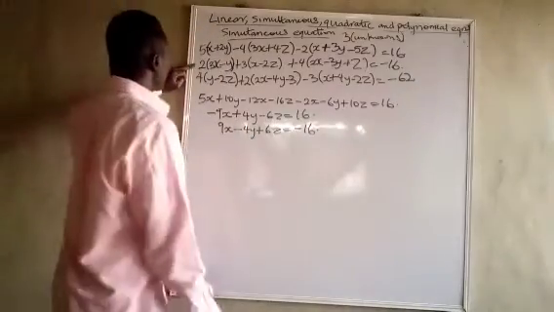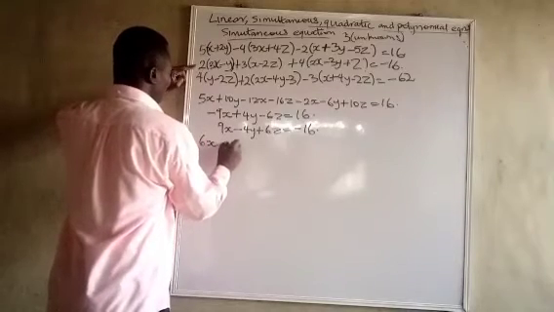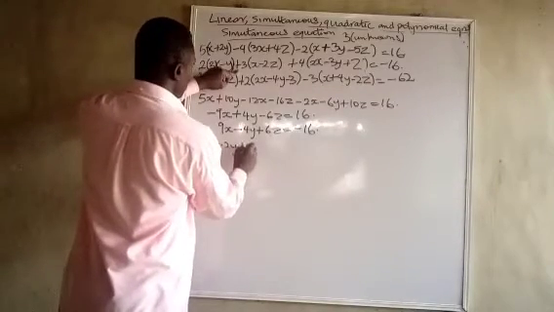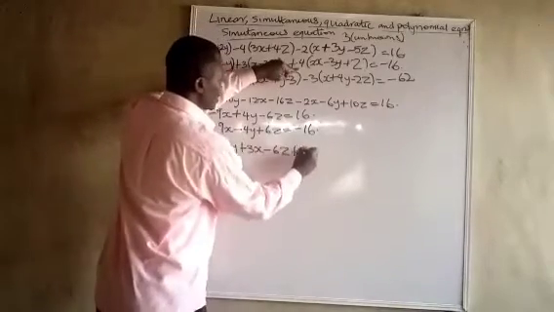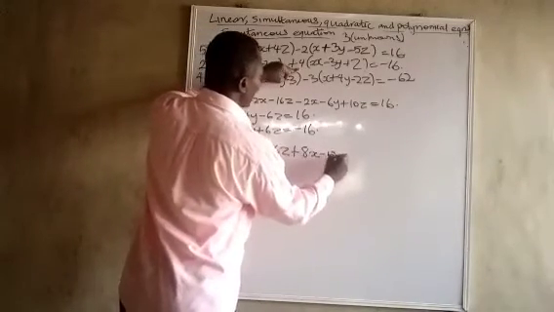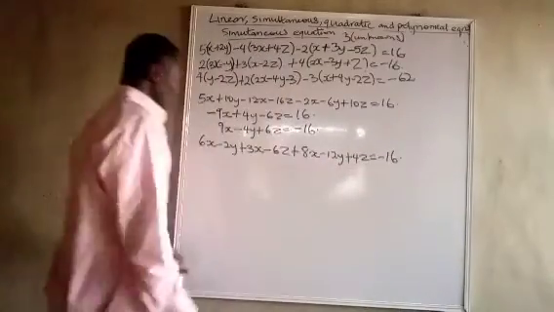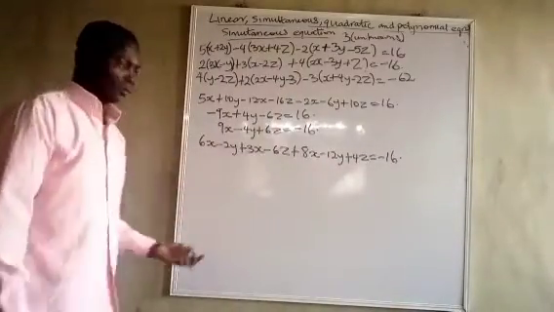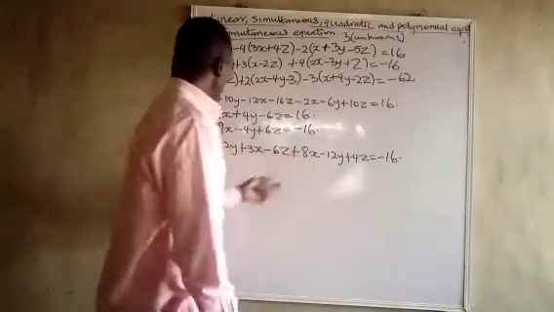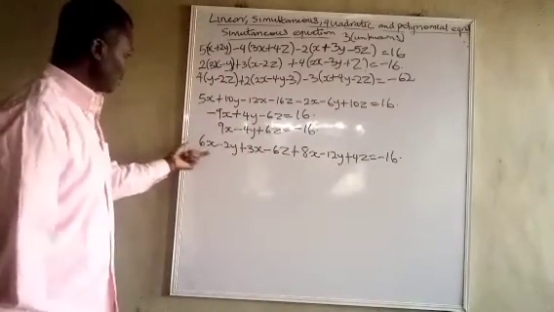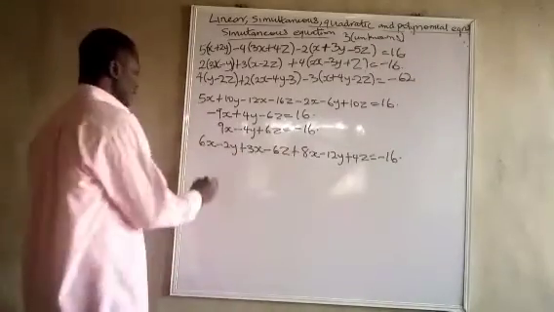Let's go to the next one. This one will be 6x minus 2y plus 3x minus 6z plus 8x minus 12y plus 4z is equal to minus 16. Like I did it initially, so we don't waste time. 6x plus 3x, that's 9x, plus 8x, that is 17x.